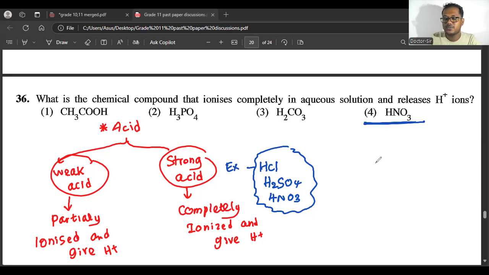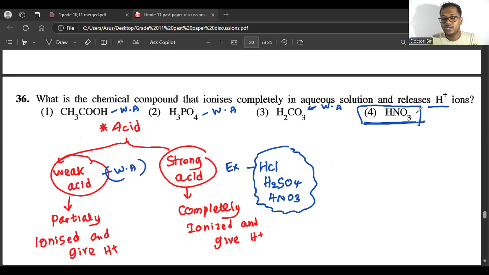So the correct answer for this question we can take as HNO3. The other three are all weak acids. So we can take HNO3 as a strong acid here.